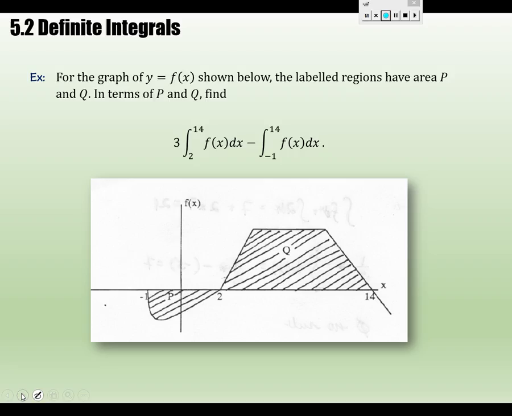The area of this region is Q. Does that make sense? I warn you about that because we've had a discussion about area yesterday. So when I say the area of that region is P, that means something to you. So again, let me let you struggle with it for a minute, and then we'll see how you do.